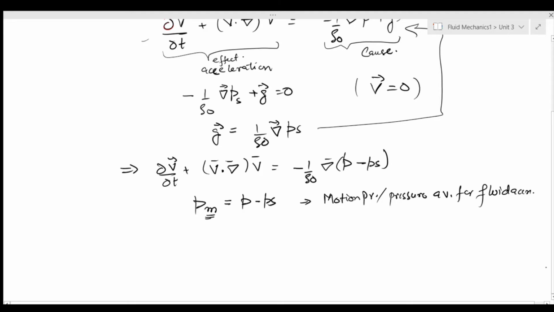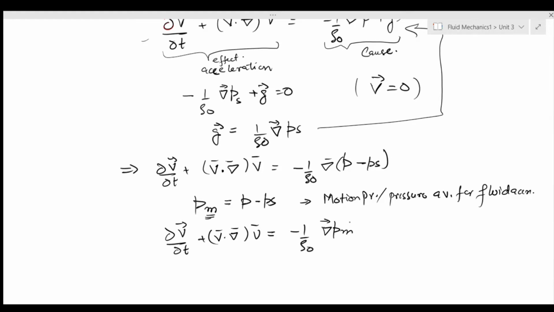Now this equation can be further modified and written as del v by del t plus v dot del v, which is my total acceleration, equal to minus 1 by rho naught del Pm. So the left hand side is the effect and the right hand side is the cause.